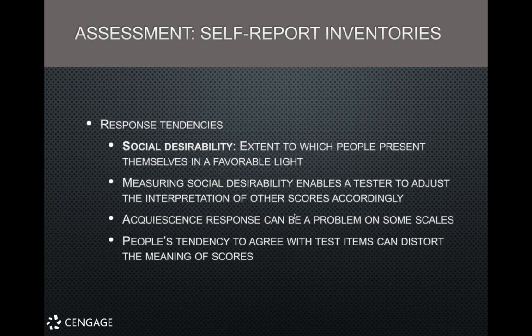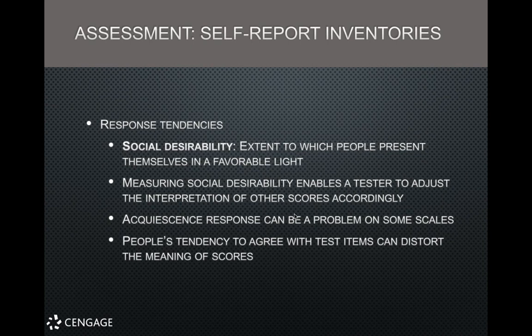Response tendencies could be social desirability, the extent to which people present themselves in a favorable light. So they could present themselves in a way that they think is favorable. Acquiescence response can be a problem on some scales. People's tendency to agree with the test items can distort the meaning of scores.